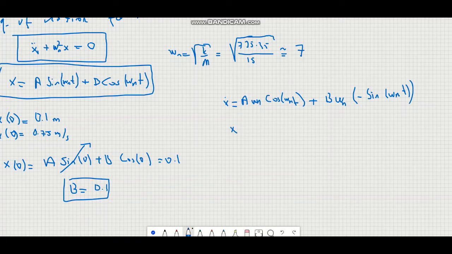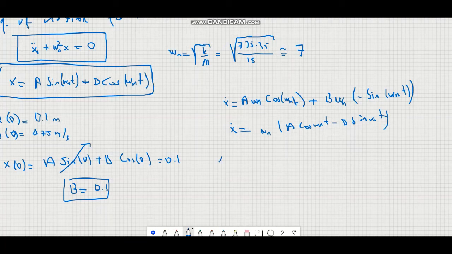So the first derivative of this solution is omega n times, in one parenthesis, a cosine omega n t minus b sine omega n t.